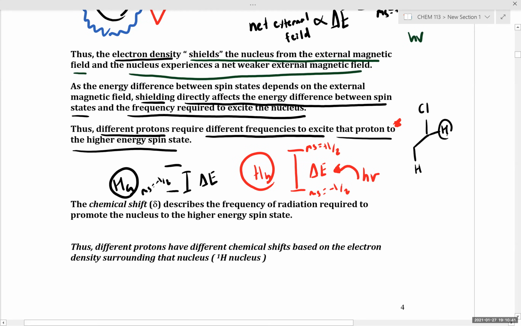The proton that's closer to this halogen would experience a stronger inductive effect, and as a result, this proton will be relatively electron deficient. As a result, because these protons are in different electronic environments, different chemical environments, they would have different characteristic absorbances and different characteristic absorbed frequencies of light. Does that make sense?